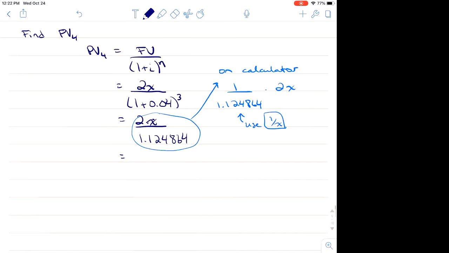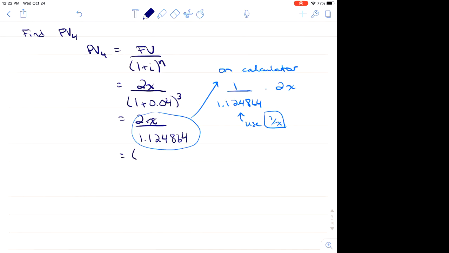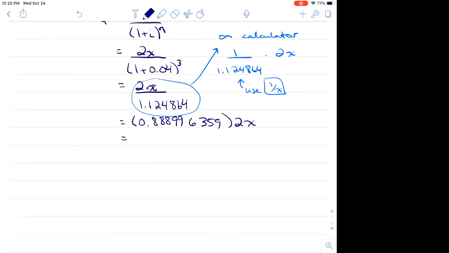I'll just show you what I get here. I get 0.888996359 times 2x. I can multiply by 2 to just get one coefficient. So times that by 2, I get 1.77799217x.